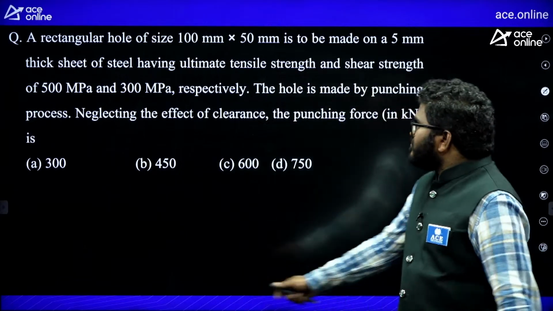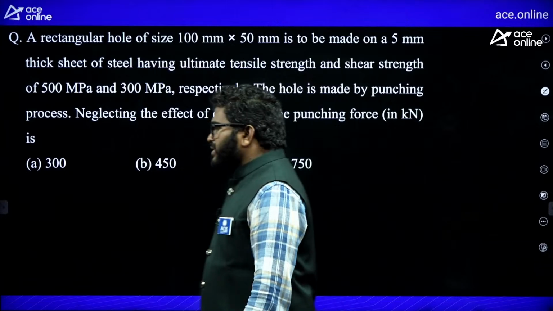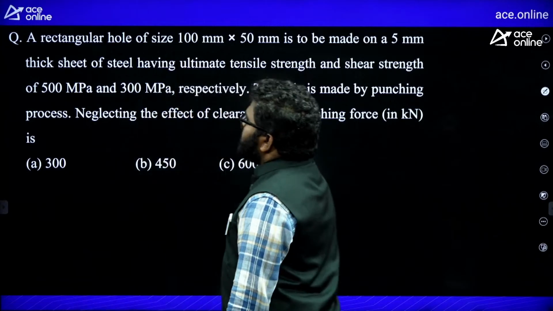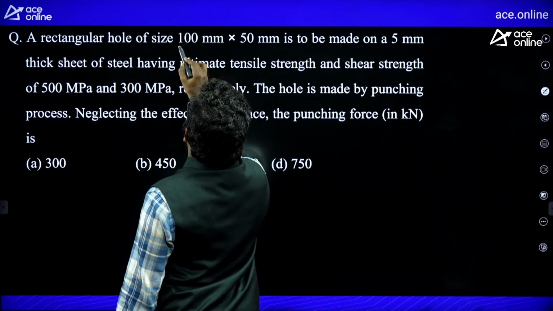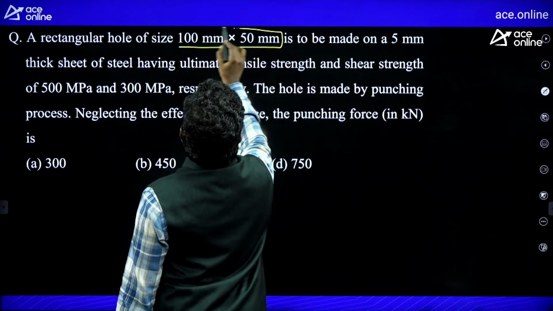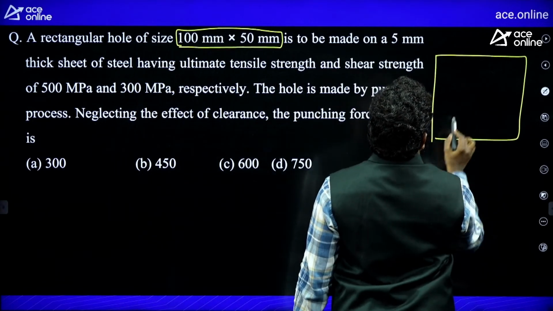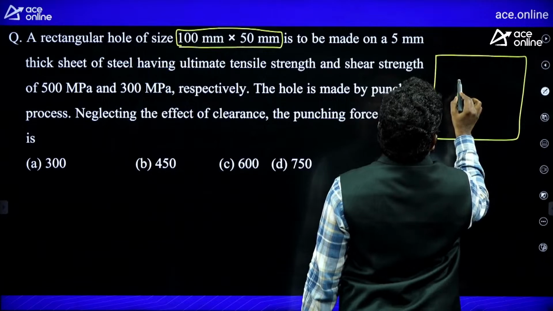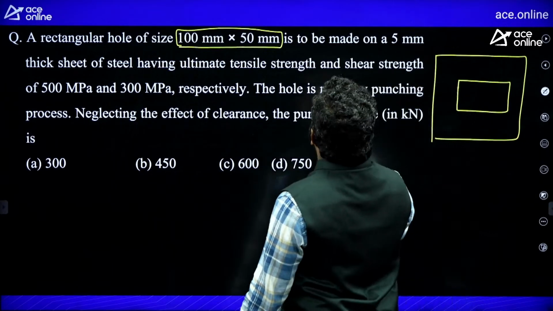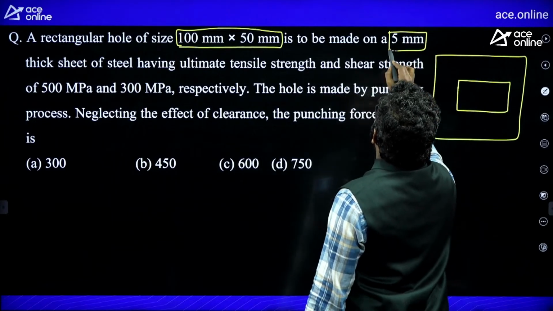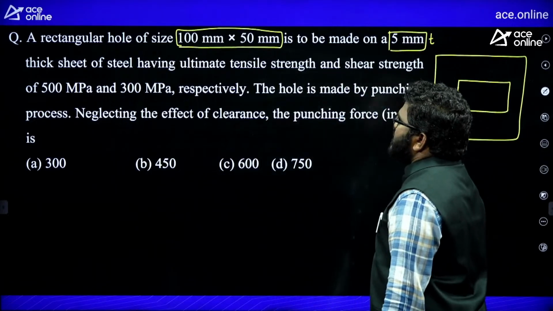Right. Now, this is a question actually from sheet metal operation. Now see here, a rectangular hole of size 100 mm by 50 mm is to be made in a sheet of 5 mm thickness, having an ultimate tensile strength and shear strength.